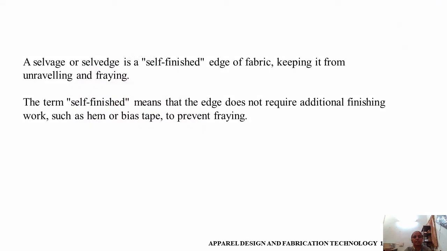What is a selvage? See the diagram. These are the warp yarns, the lengthwise frame, and this is the widthwise, that is the cut or selvage. A selvage is a self-finished edge of fabric, keeping it from unraveling and fraying.